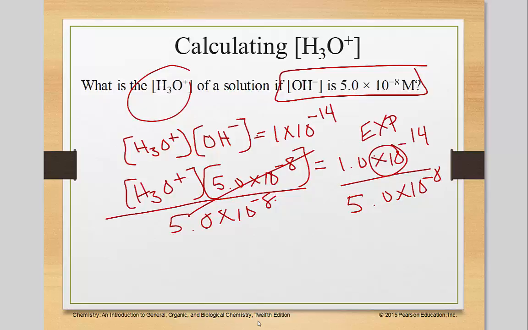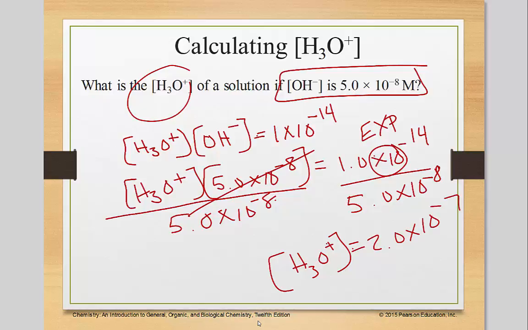You will always put the 1 times 10 to the negative 14th into your calculator first. And that comes out to be H3O plus concentration is equal to 2.0 times 10 to the negative 7.